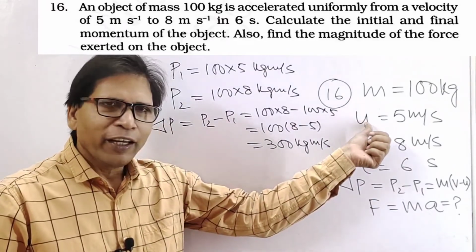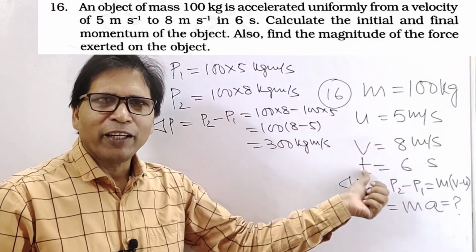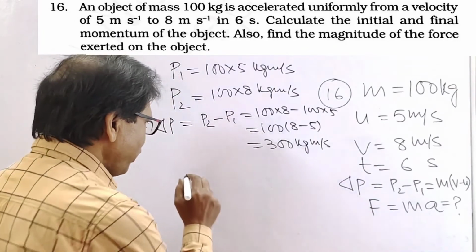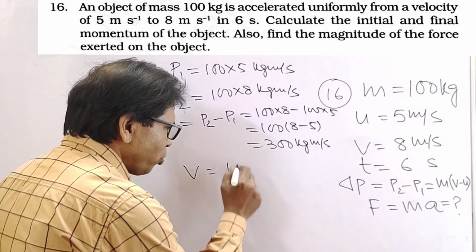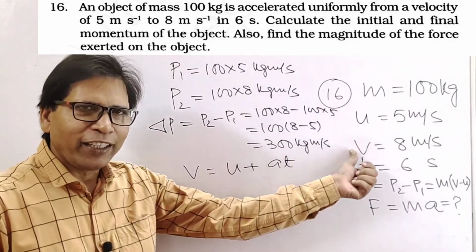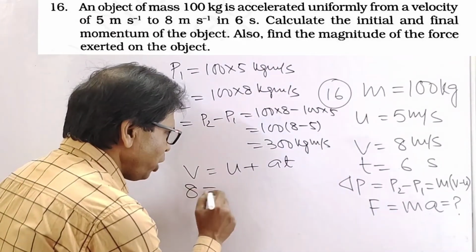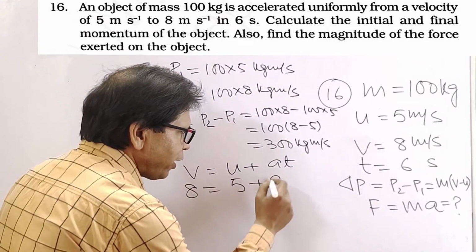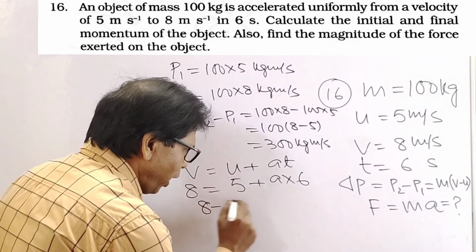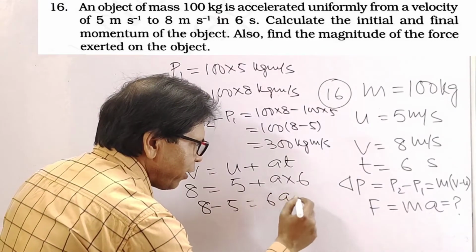Here U is given, V is given, T is given. So we can easily calculate acceleration. Now what is the formula? V equal to U plus A into T. Here V is 8, U is 5 plus A, and T is 6. Therefore 8 minus 5 is 6A.